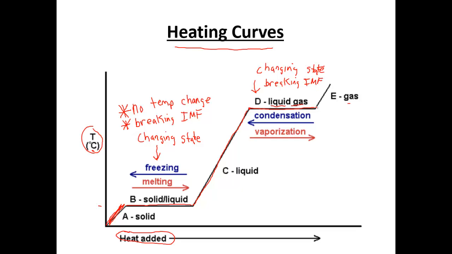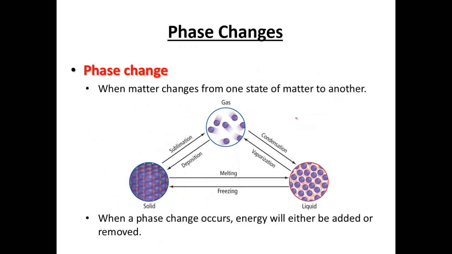And again, once we get all of the liquid gone and it's all just a gas, then we can change the temperature again. So as we add heat or energy, if we're changing states, the temperature stays constant until the entire state changes. So that's kind of our idea with the heating curves as we add more heat or energy to the system.